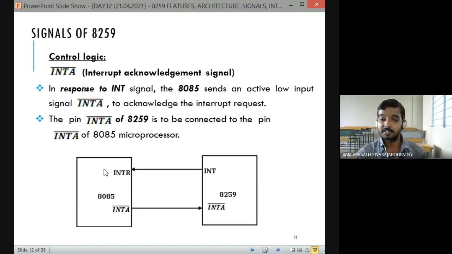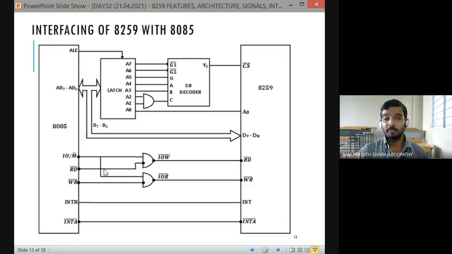Is it clear up to this? So we have seen all the signals, their functionality, and how to connect them. So this is going to be the final interfacing diagram. What is additionally added here? The INT pin of 8259 is connected to the INTR pin of the 8085 microprocessor. Then the INTA bar signal is connected to INTA bar of 8259.